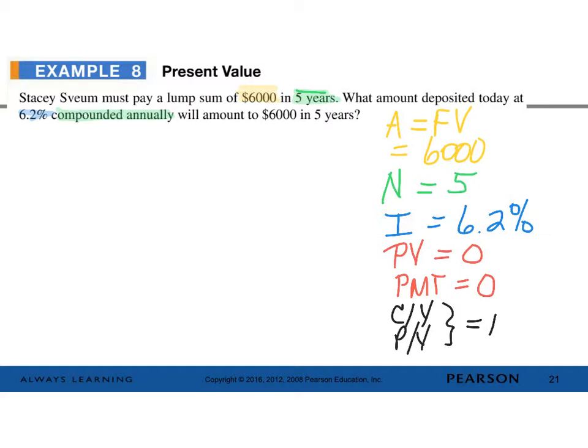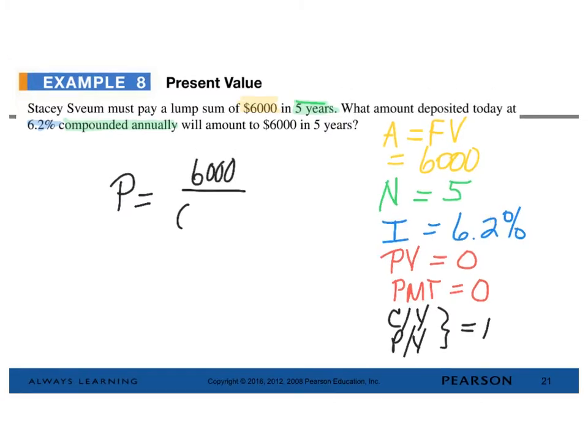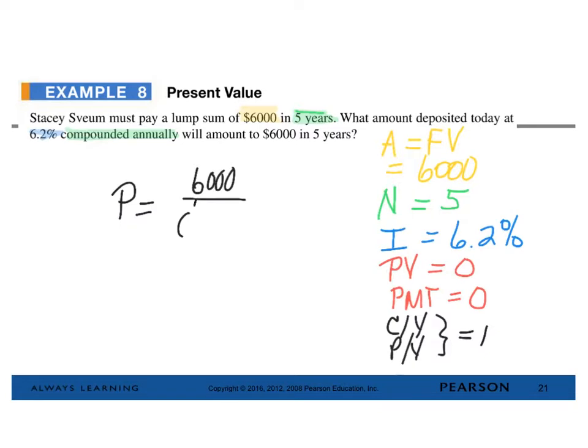So at this point, once we've entered all of this into the calculator and we press alpha solve, we're going to get the same thing as a result of a formula, which is the formula for present value. And in this case, it would have been 6,000 divided by 1.062 raised to the 5th power for the 5 years compounded annually.